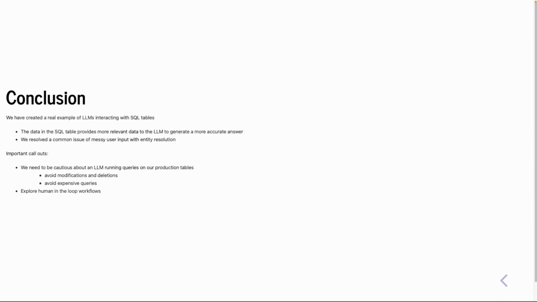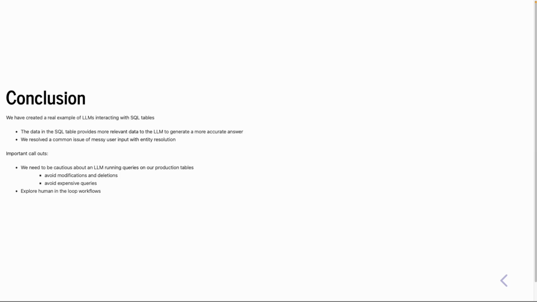In conclusion, we have created a real example of LLMs interacting with SQL tables. Based on your application, the data in a SQL table can provide more relevant data to an LLM to generate a more accurate answer. And we also learned how to resolve a common issue of messy user input with entity resolution. There are a couple of important callouts for LLMs with SQL tables.